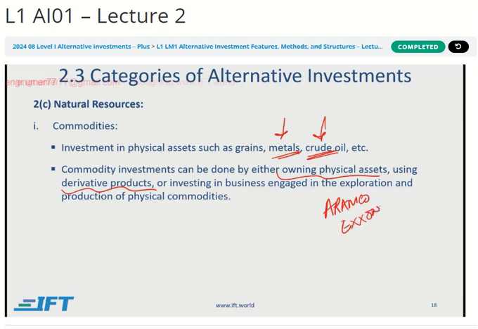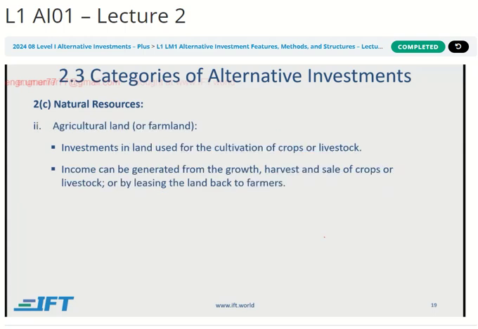So let's say you want oil exposure, but you don't want to physically buy oil, you don't even want to get into oil futures, well, you can buy the shares, the stocks of companies which produce oil, and indirectly get that exposure.